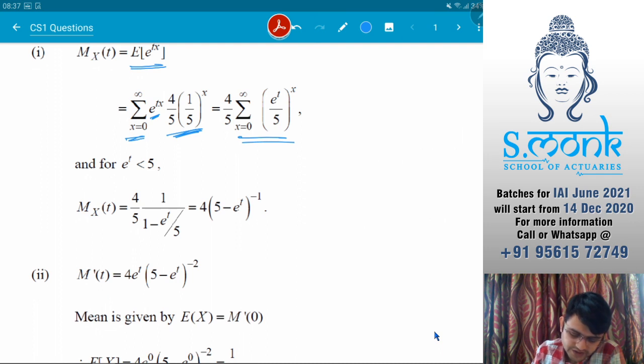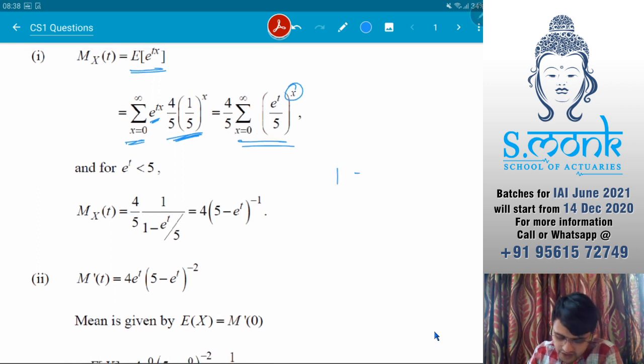Anyways, this is a geometric progression. How do I recognize it? Because the powers are changing. This is e raised to t by 5. First it would be raised to 0, that means 1. Then the next would be e raised to t by 5, then next would be e raised to t by 5 whole square, and so on. So you can see this is nothing but a geometric progression.